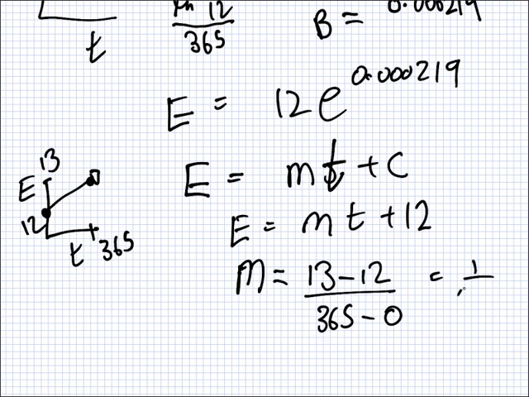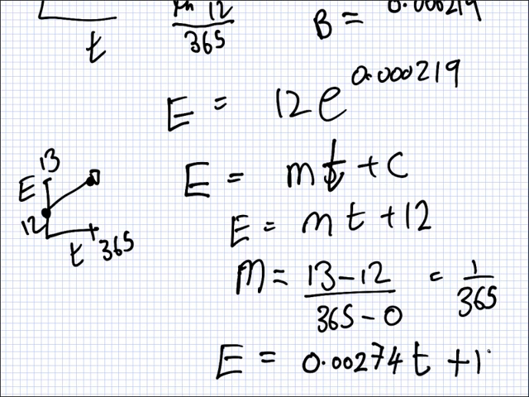So that's 1 over 365, which is about 2.74 times 10 to the minus 3.